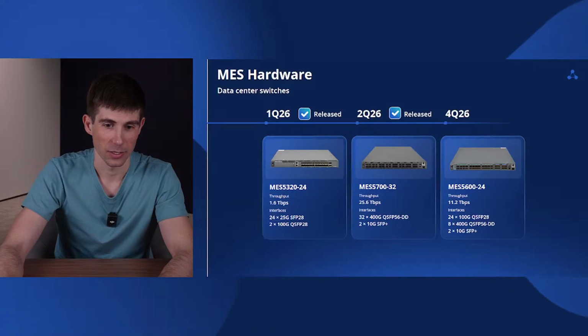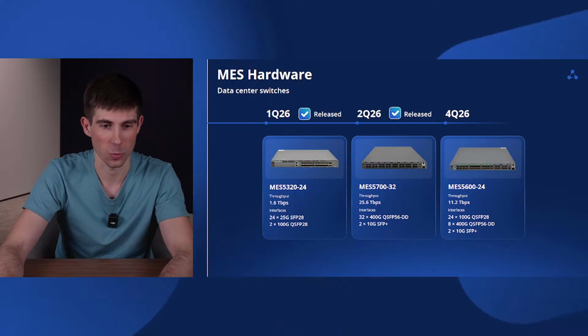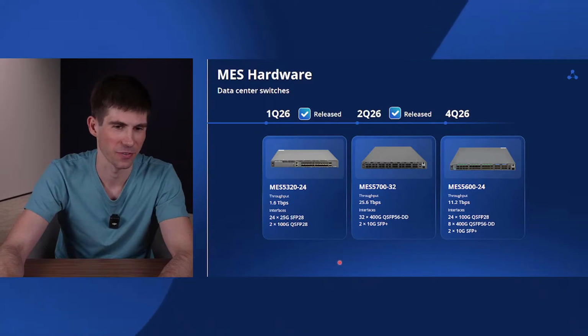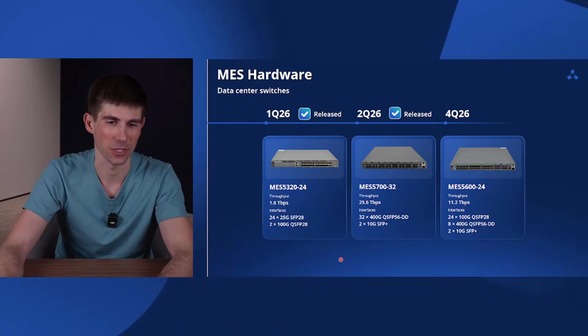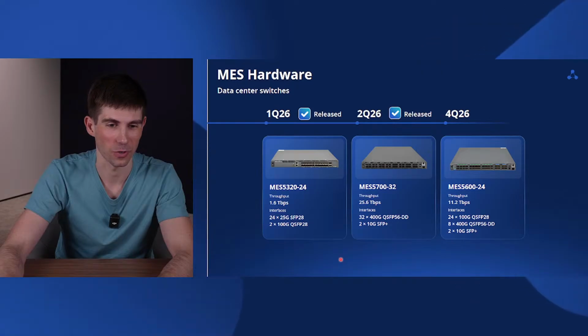And a little bit about hardware. We'll start with what we work on the most, the data center. In the first quarter, you may actually have received the news that the MES 5320-24 model, the 24 model with the 24 25-gig interfaces, was released.